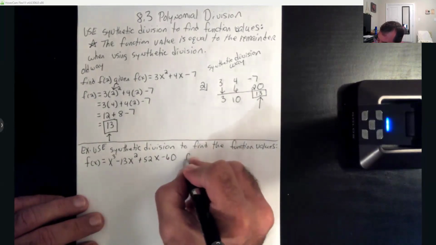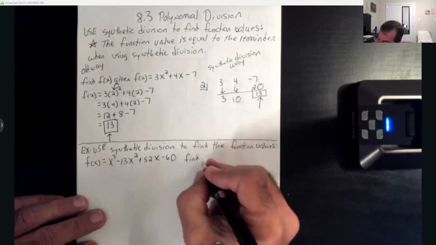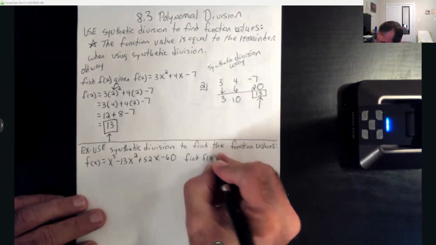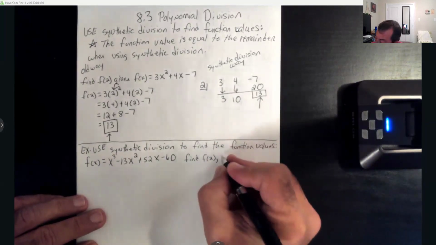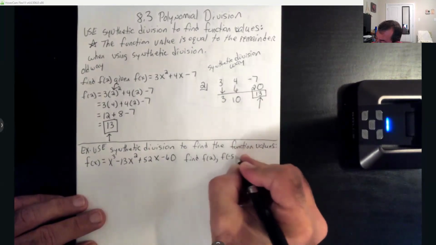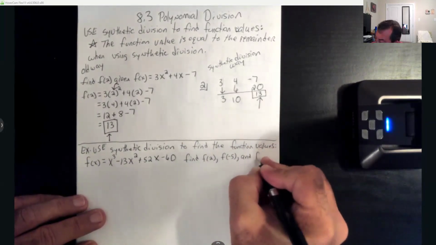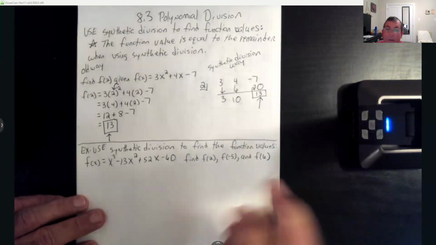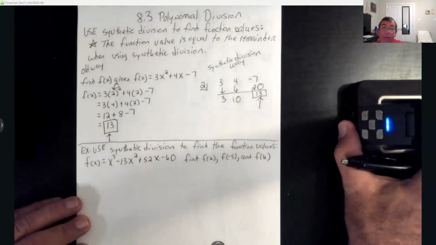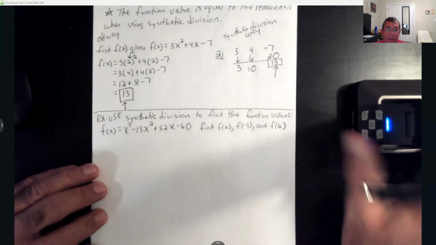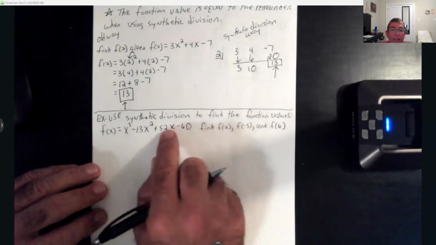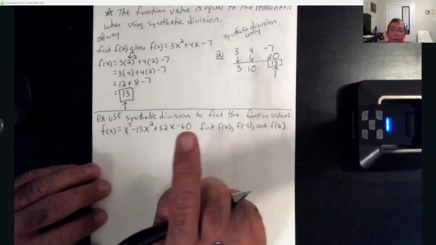So they want me to find f of 2, f of -5, and f of 6. So basically 3 problems on this one because they want me to find all 3 of these function values.